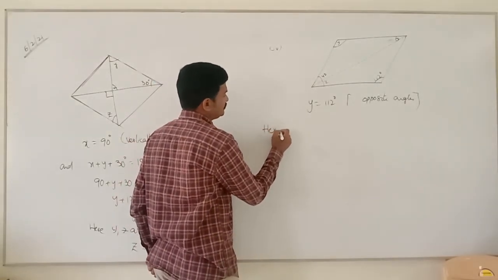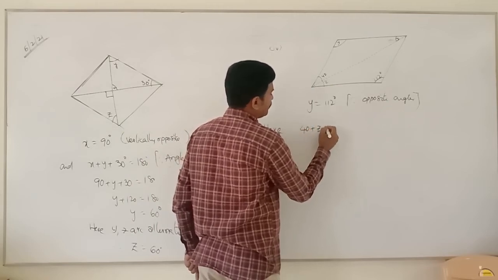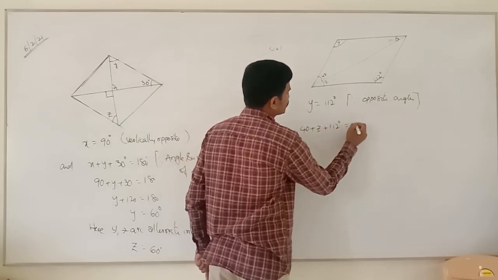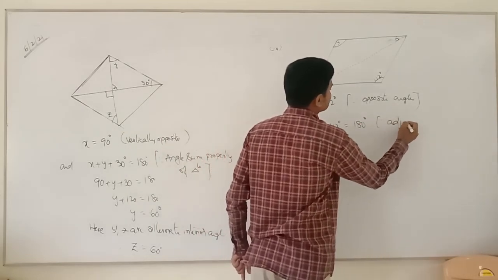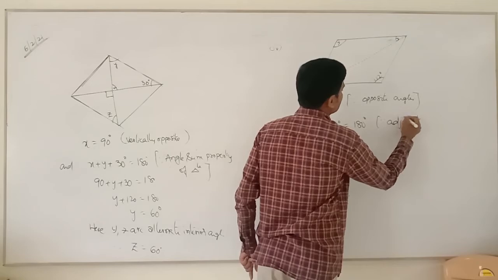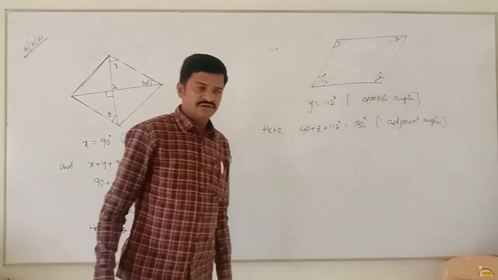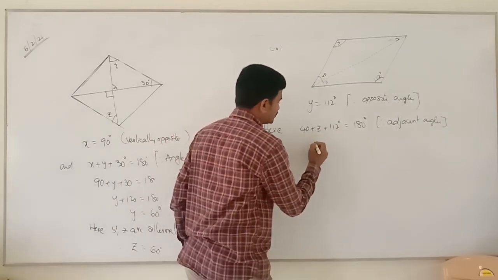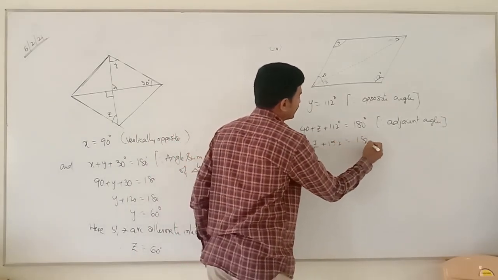So again, write it here: 40 plus z plus 112 equals 180. Why? Adjacent angles. 40 plus 112 is how much? z plus 152 equals 180.